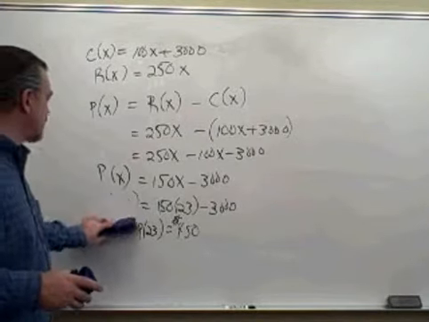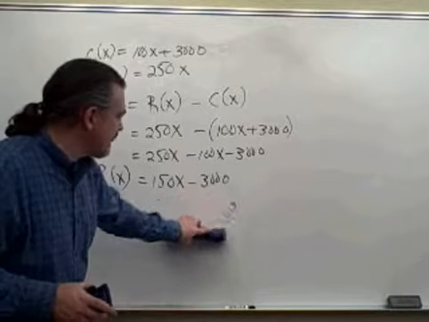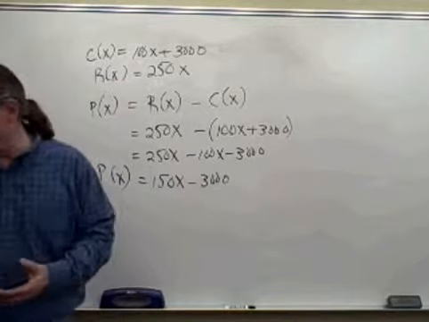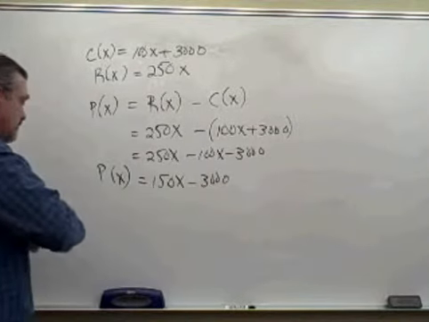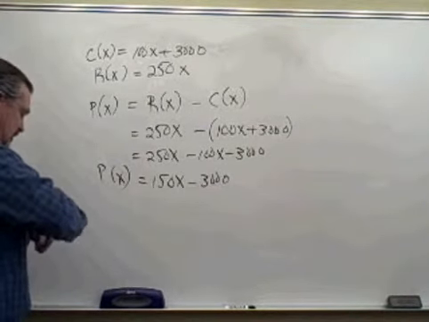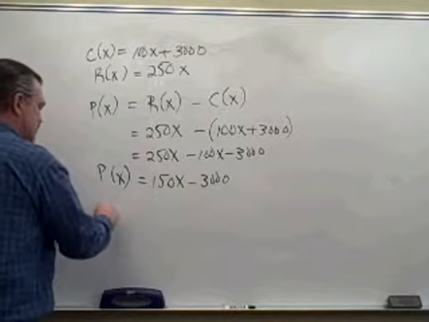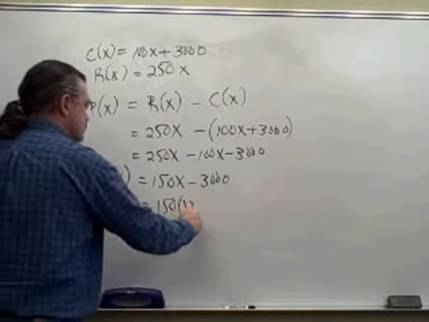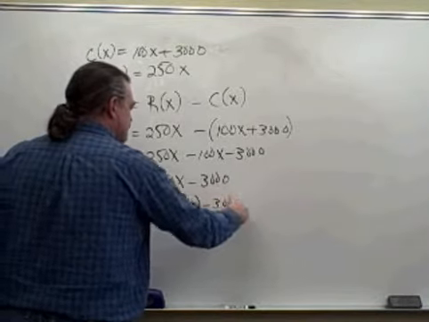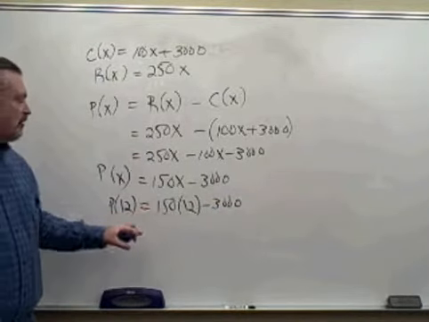Let's suppose on a given day we made and sold 12 pairs of rocket skates. Can we use our profit function to figure out what the profit would be there? Certainly. Put in 12 for x.